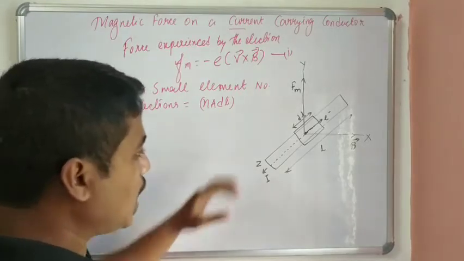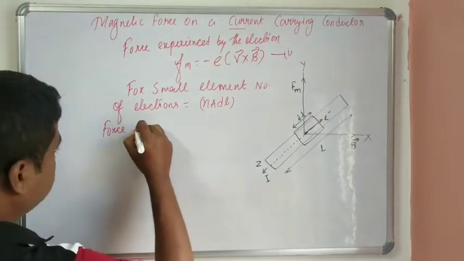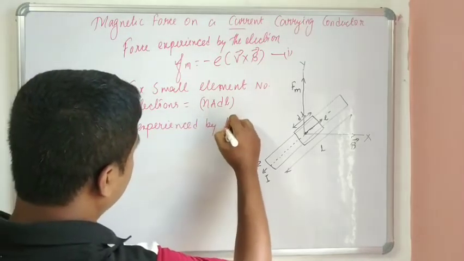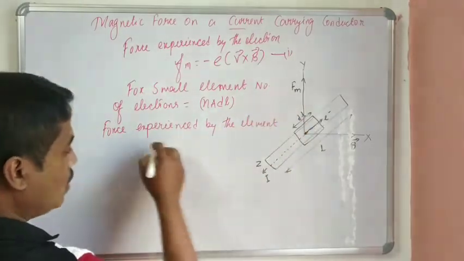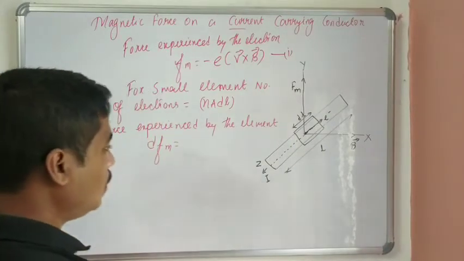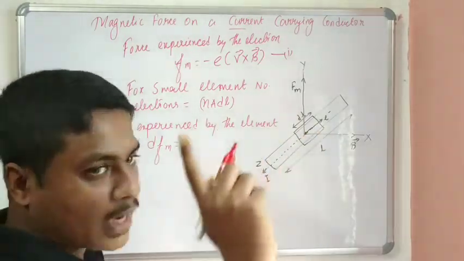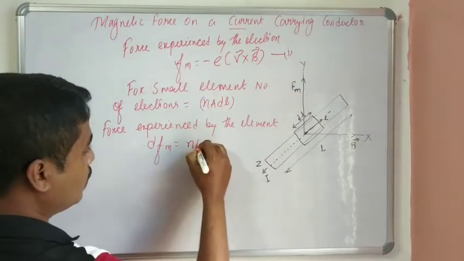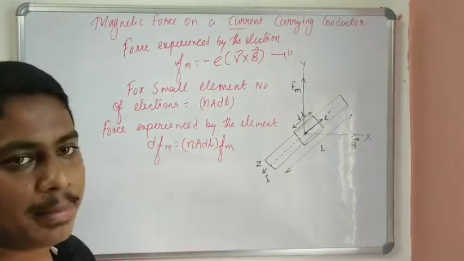Then if I want to calculate the force experienced by this dl element, since the element is small, the magnetic force also will be small, dFm. So dFm will be the force experienced by the number of electrons present here. One electron is experiencing a force of Fm, so the total electrons will be experiencing a force of n A dl into Fm.